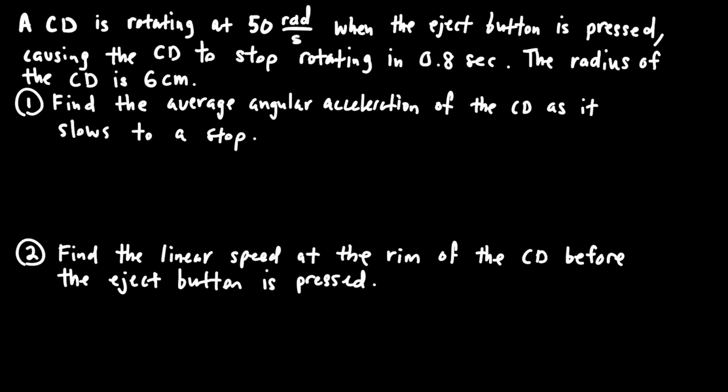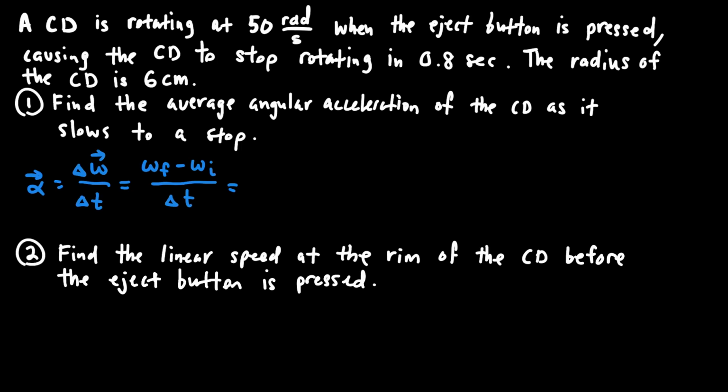As I showed previously, the average angular acceleration, alpha, is given by the change in angular velocity divided by the change in time. And so this can also be written as the final angular velocity minus the initial angular velocity divided by the change in time.